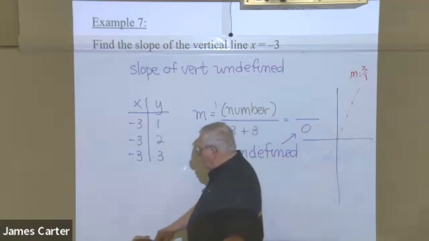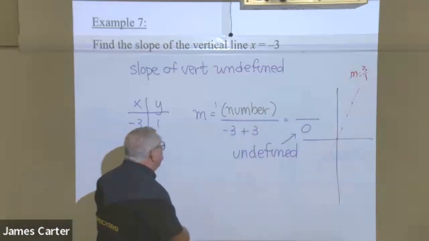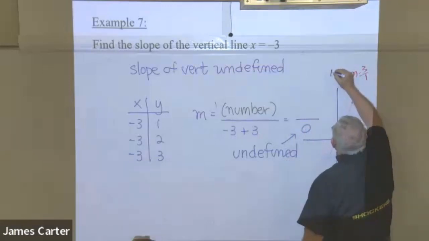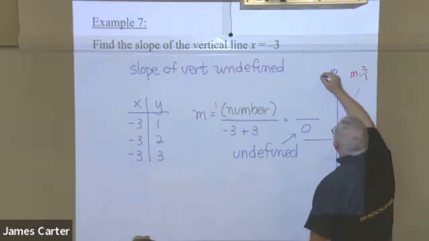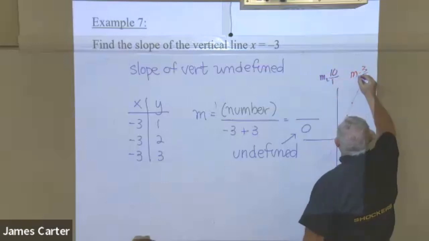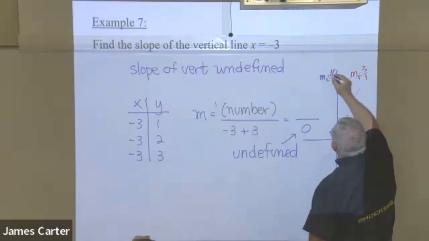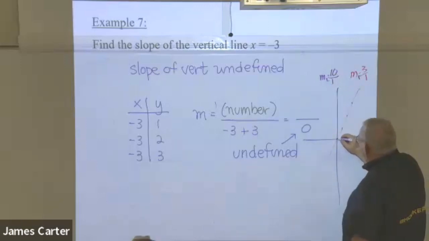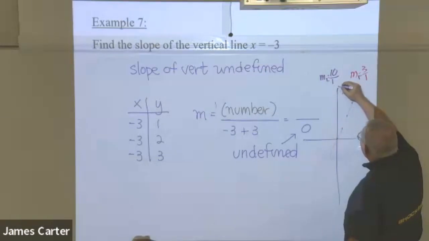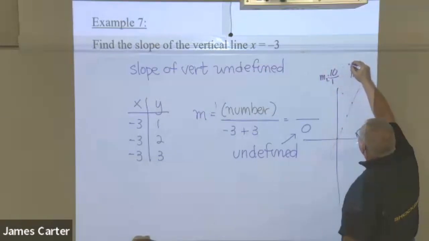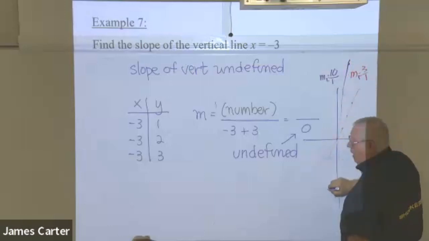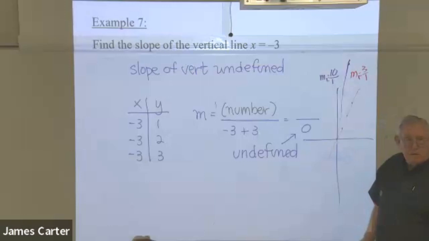What if I have a slope of 10 over 1? I'll call that slope 1 and this one slope 2. Well, if I start at this same point, I'm going to go up 10 and over 1, and up 10 more and over 1 more, and I'm going to have a vastly steeper line, right?